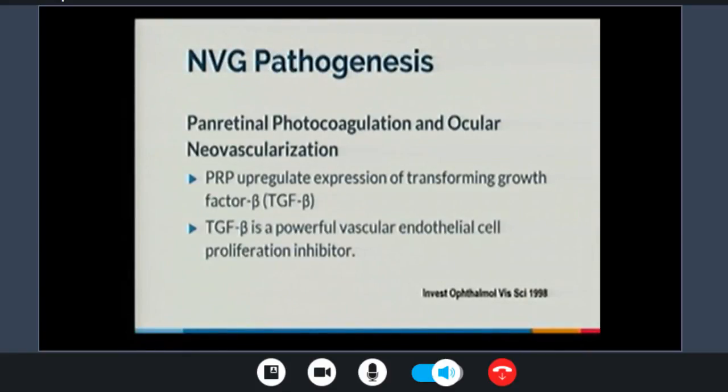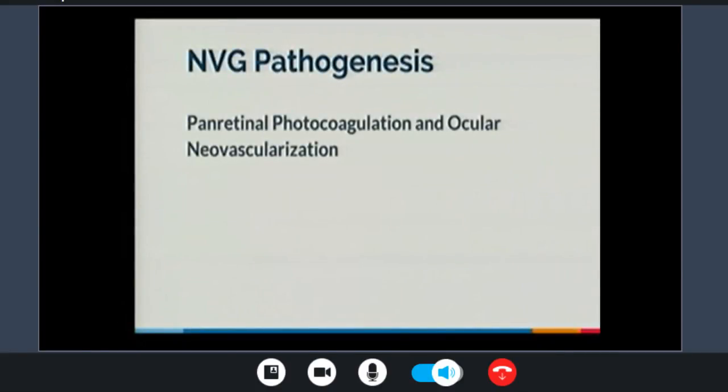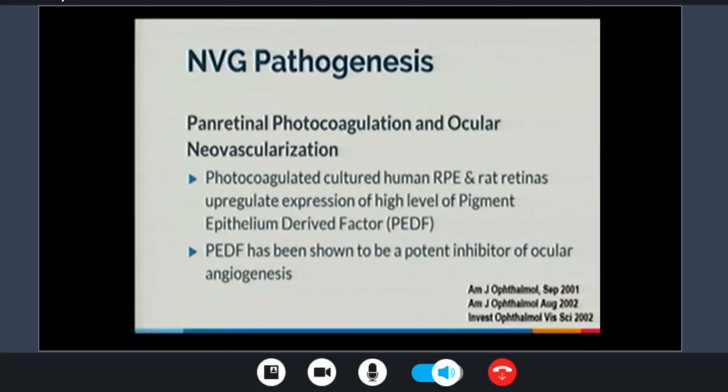Photocoagulation upregulates expression of certain molecules like transforming growth factor beta, which is found to be a very potent vascular endothelial cell proliferation inhibitor. Not only that, but they also found that PEDF is a very potent inhibitor of new vascularization in the eye.